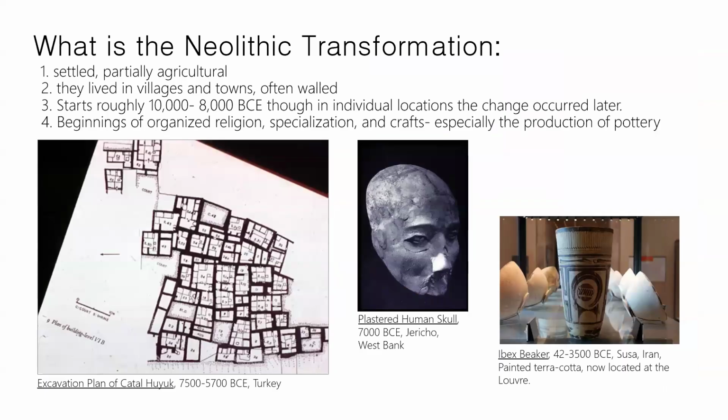So what do we mean when we're talking about the Neolithic? First of all, I guess we need to understand what we mean by the Mesolithic. The Mesolithic is the middle Stone Age. In the Mesolithic, people started to settle down more. We don't have any evidence of full year-round occupation of any sites that we know of in the Mesolithic, but we definitely have places where people would return year after year and stay potentially months out of a year at a particular site, and they would build structures and settlements.